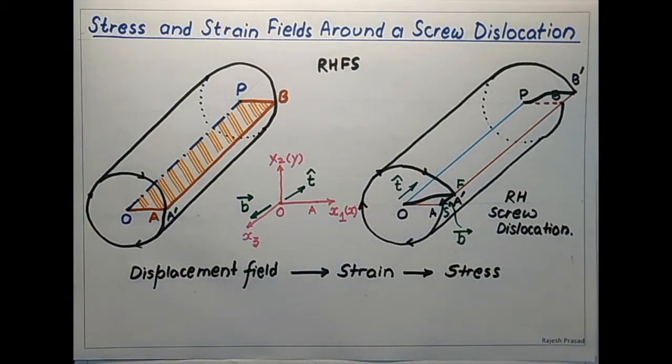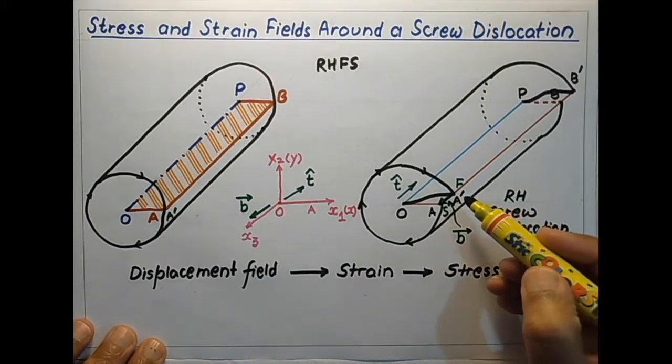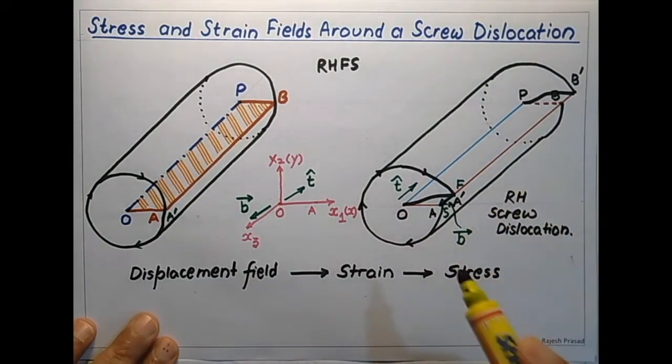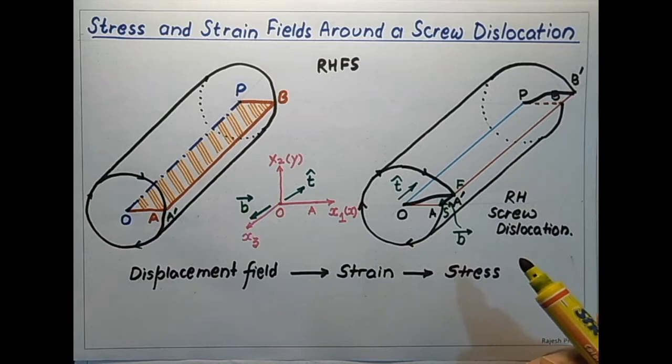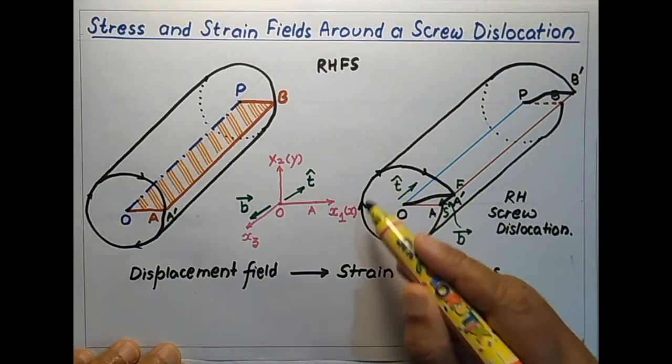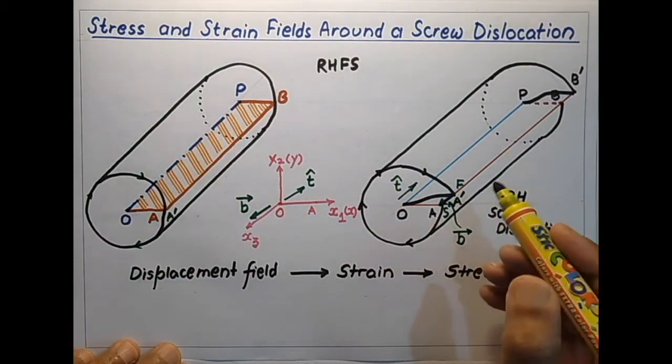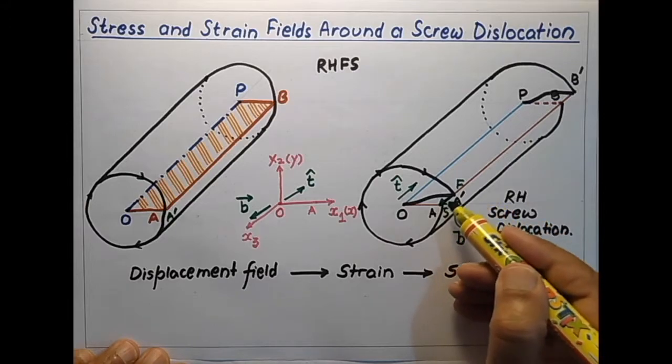So the displacement field, particularly for a screw dislocation, appears to be very simple, because you can see the displacement in going one complete circle round the material is from A to A prime.